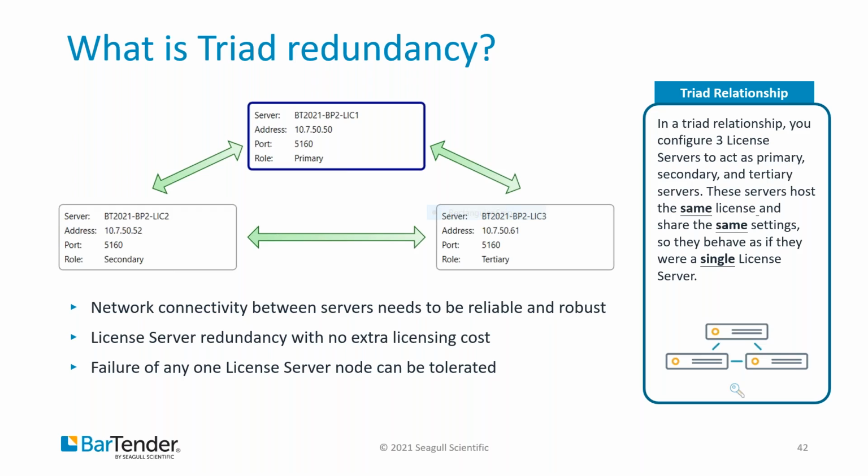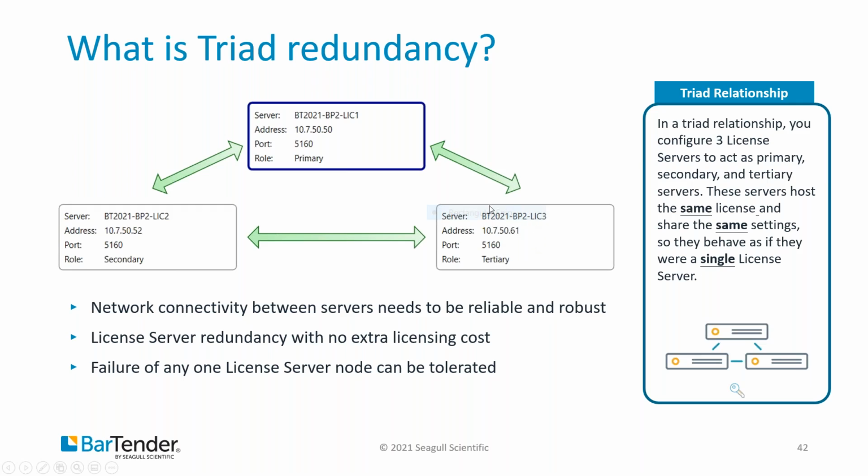If you're at a remote site where you just have one of your license servers of the triad located, and your internet goes down, then automatically you lose connection to the primary and secondary license server in this case, leaving just the tertiary, or at least one of the nodes available.